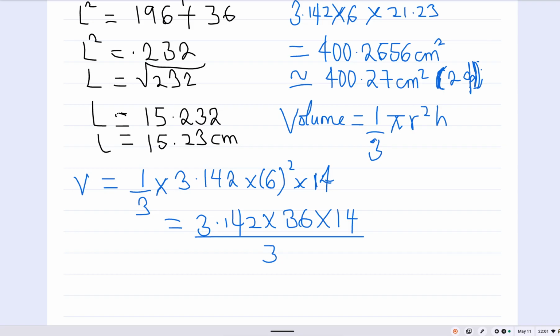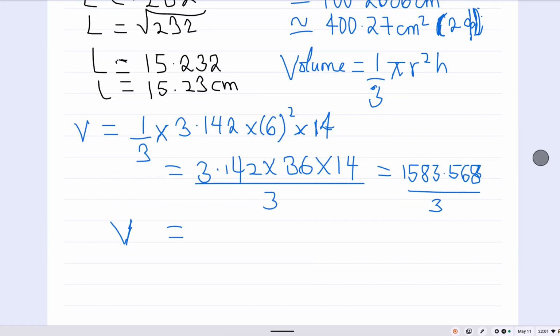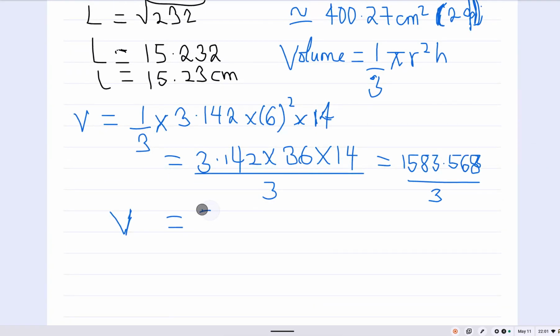That gives us 1000 568, then divide by 3. Are you seeing that now? So divide the answer by 3. That will give us our volume, which is equal to 527.856.